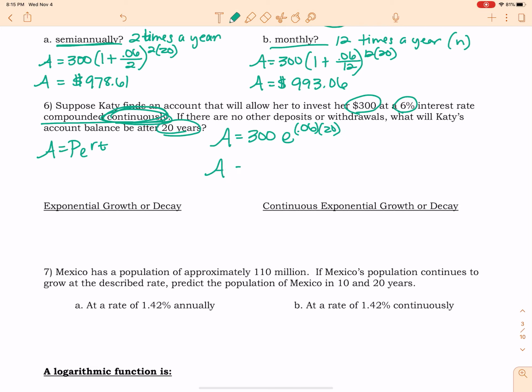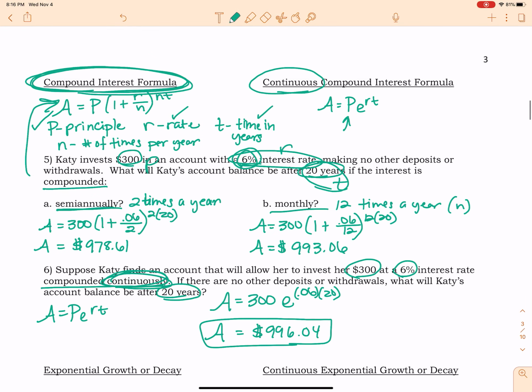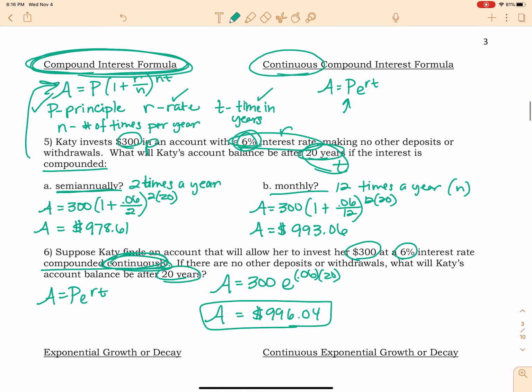In your calculator, there should be an e button. I don't have my calculator pulled up on my iPad, so I can't show it to you, but I will show you in class when we're together. That's how you use the Euler number and exponential functions to find interest compounded and compounded continuously.